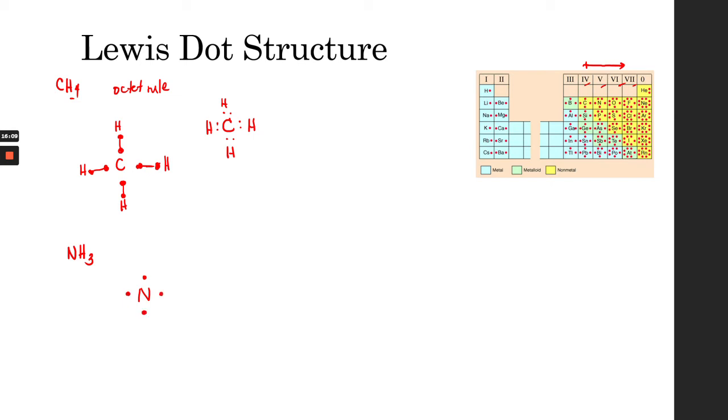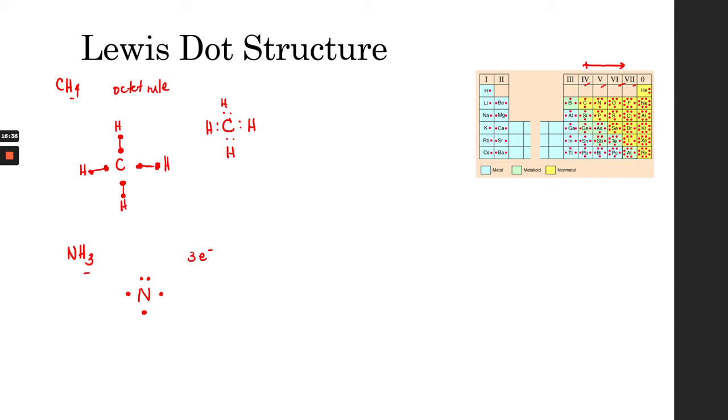After filling all the sides, we can now add another one. So I'm going to write it here. So nitrogen, as you can see now, has 5 valence electrons. What's interesting here is it only needs 3 more electrons in order to satisfy the octet rule.